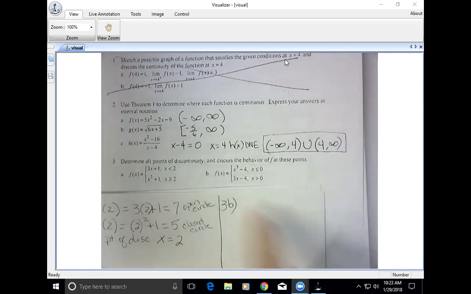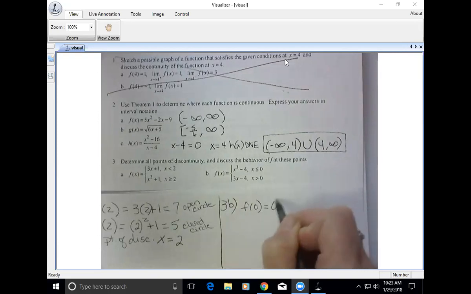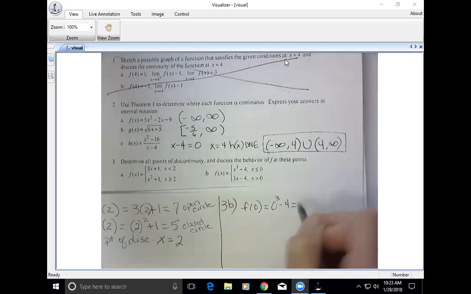And on 3b, we have 2 more equations. The top one is x cubed minus 4, so it's going to have some wiggling going on. That occurs when x is less than or equal to 0. And then when x is greater than 0, we use the line 3x minus 4. So how am I going to figure out if I've got discontinuity there? Exactly, plug into both. So I want to find f of 0 when I use this top equation, and I get what value? -4.